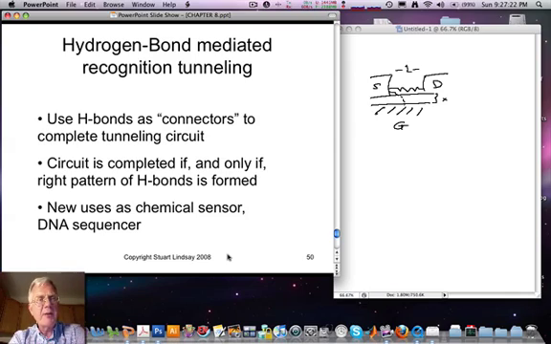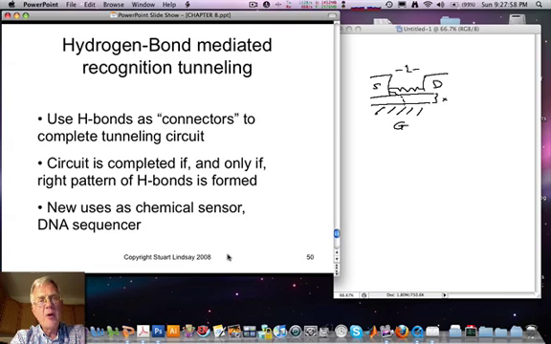So this brings me to the final topic in this unit, which is the use of single molecule methods as chemical sensors. It should be clear from the foregoing discussion that a critical element in single molecule measurements is the connection between the electrode and the molecule.